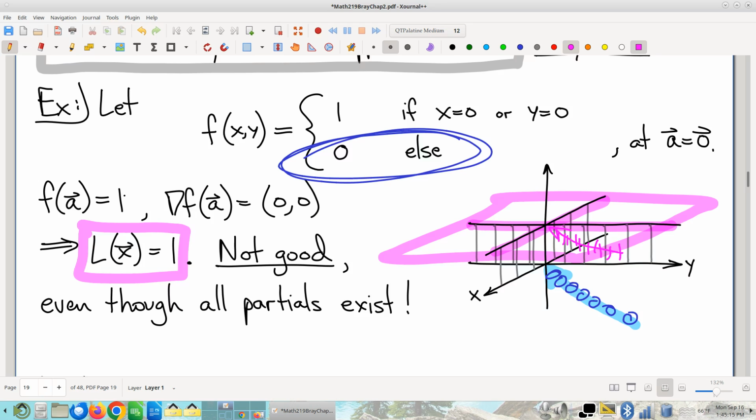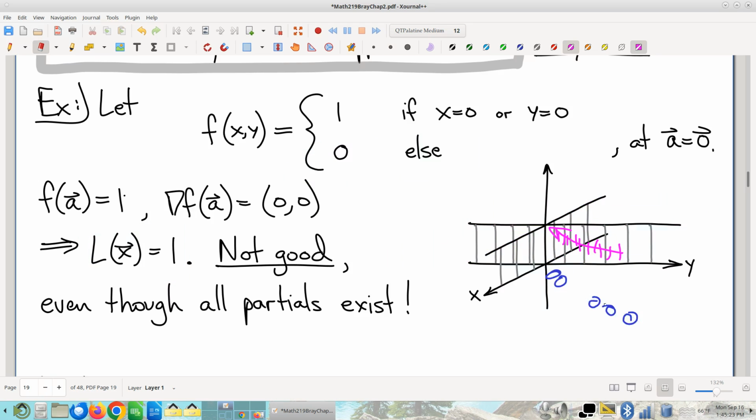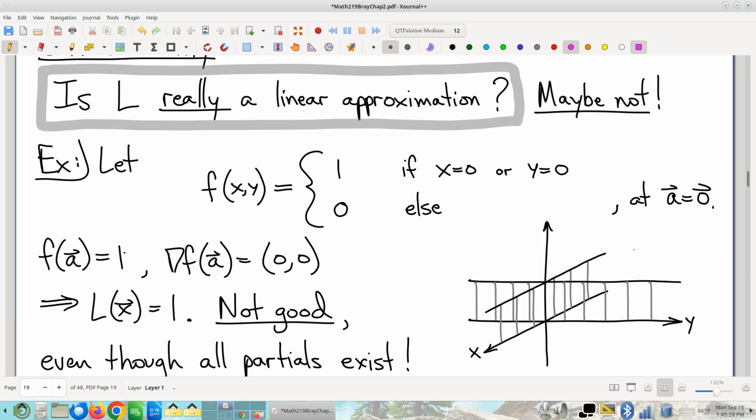And yet we get this clearly unacceptable nonsense. So this is a legit concern. We were worried about what might happen, and it happened. So this is not a good linear approximation. Our previous formula does not always work. It only works sometimes.